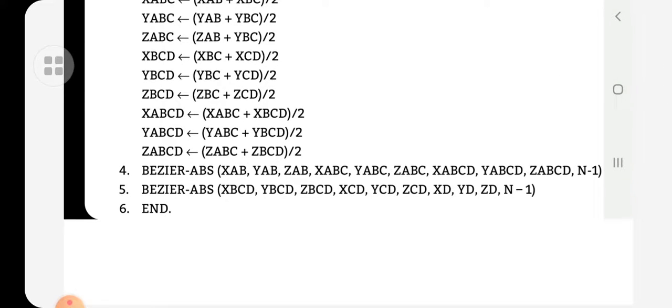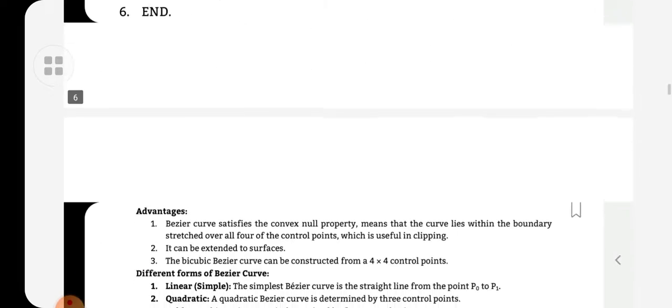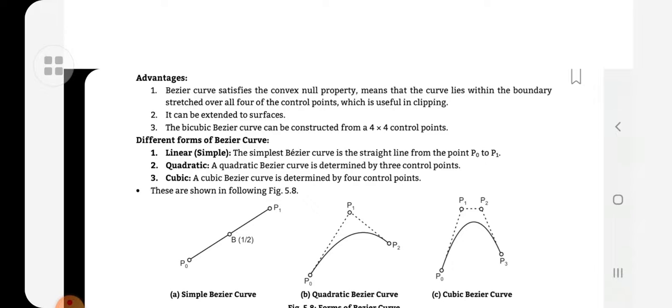Then Bezier ABS with XAB, YAB, ZAB, XABC, YABC, ZABC, XABCD and so on, with n minus 1. Then Bezier ABS with XBCD, YBCD, ZBCD, XCD, YCD, ZCD, XD, YD, ZD and n minus 1, and then end.